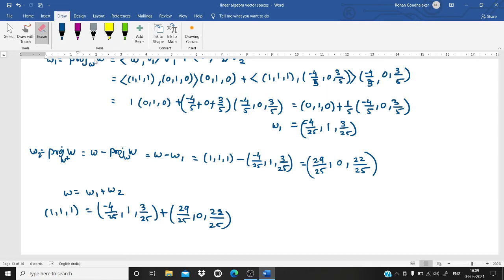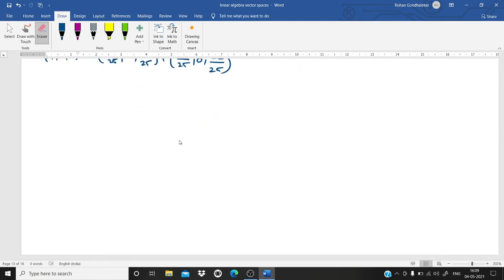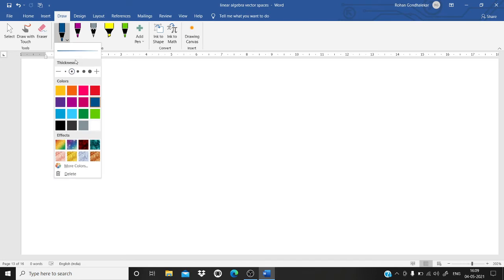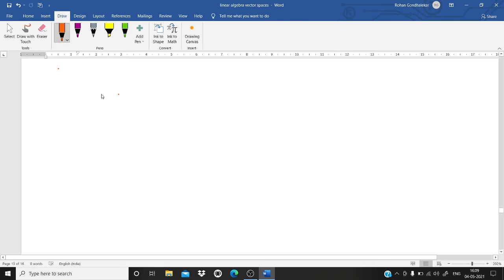Fine. Now we are coming to a very important procedure, that is the Gram-Schmidt process for calculating the orthonormal basis. Okay. So this is very important for us. That is our main part of this. Usually there is one question on the orthonormal basis in the final examination: use the Gram-Schmidt process and find the vectors of the orthonormal basis.